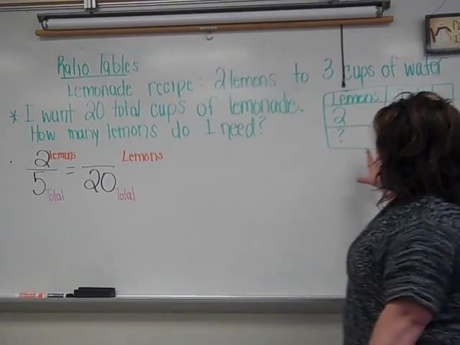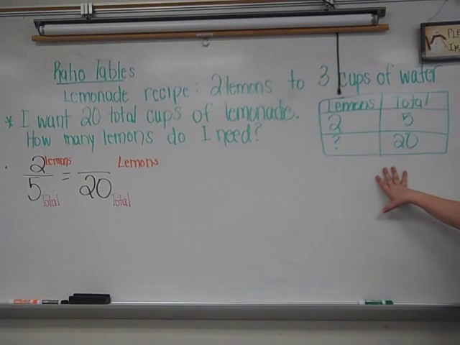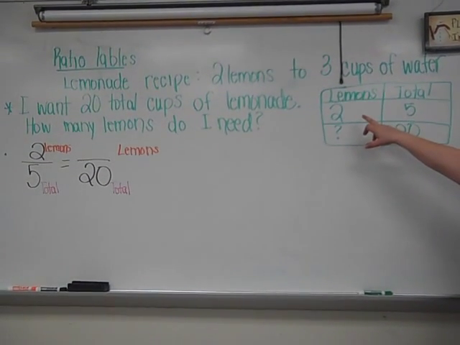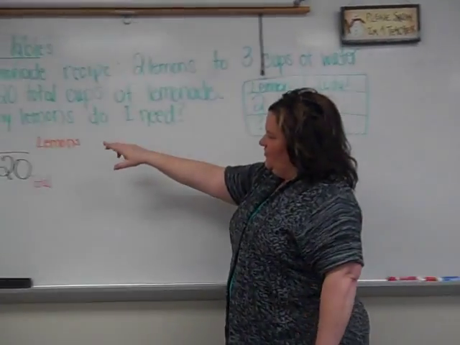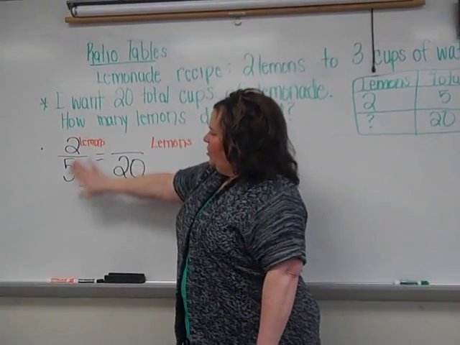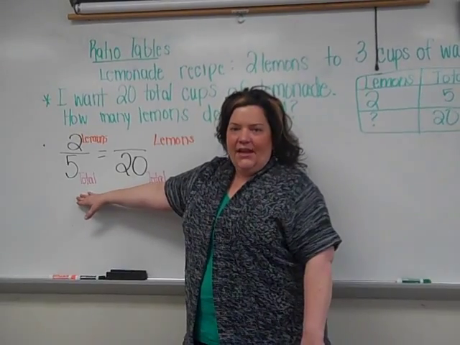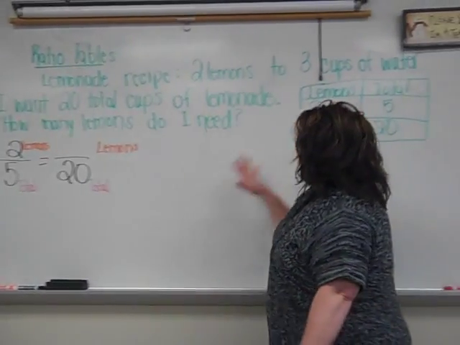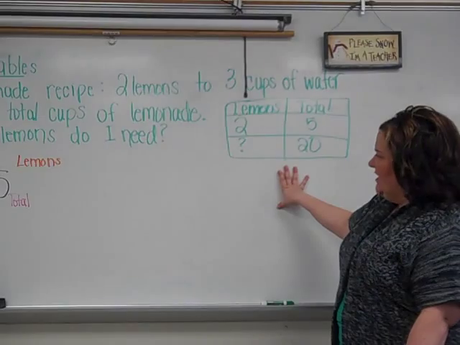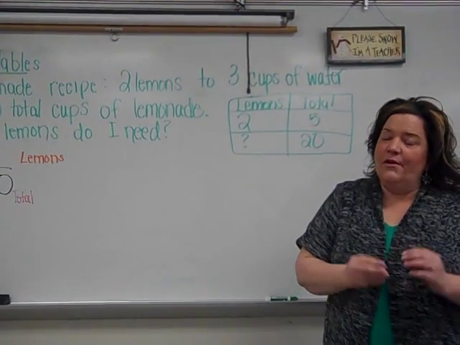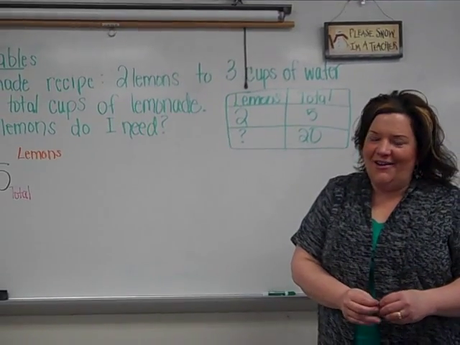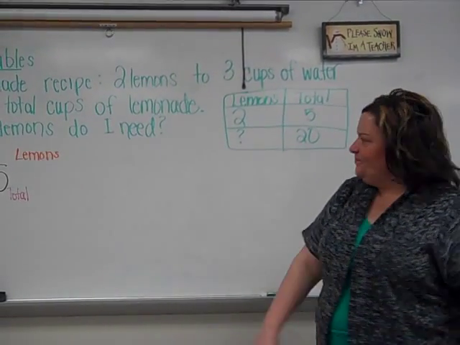So I have the information in a table here, and it starts with 2, 5. 2 lemons to a total of 5 cups of lemonade. I'm going to use the information they gave us from this table to set up my proportions, which, remember, are equivalent ratios.